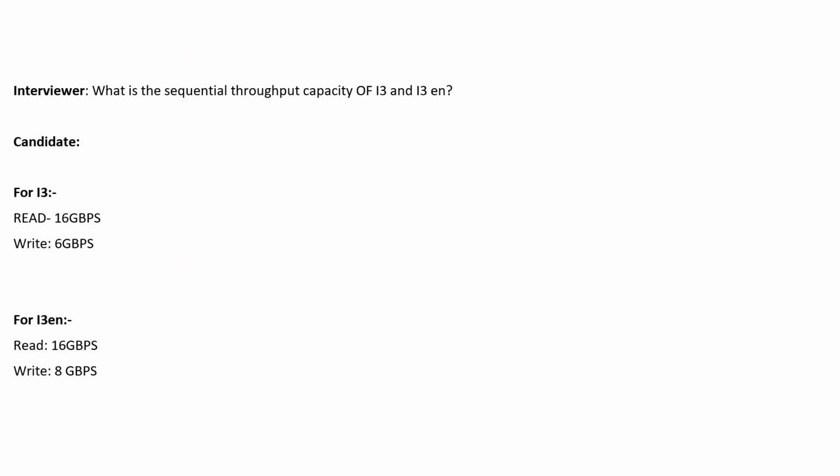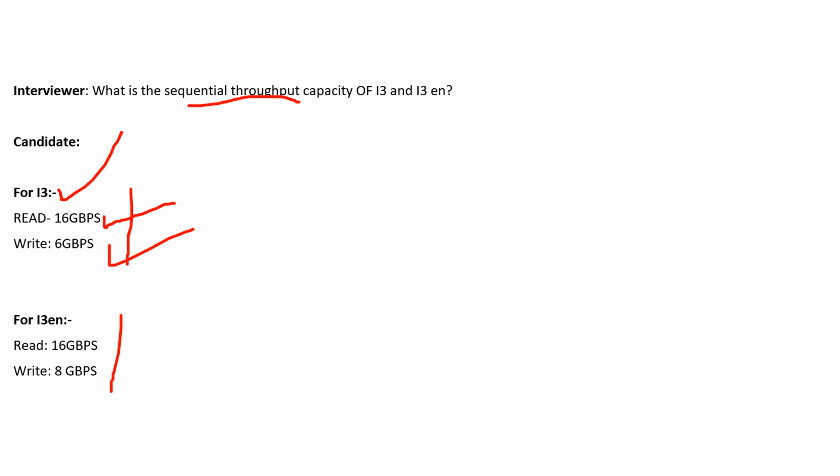Next question that may be asked: what is the sequential throughput capacity of i3 and i3en? Sequential throughput means the capacity of read and write mode. For i3 instances, the capacity of reading would be 16 Gbps, however for writing it is 6 Gbps.